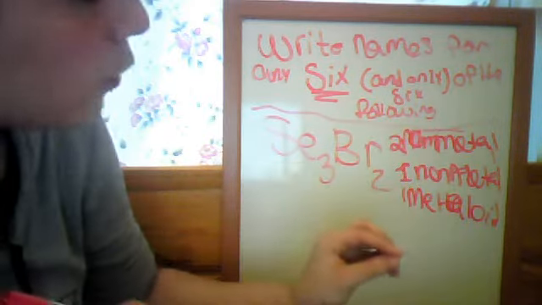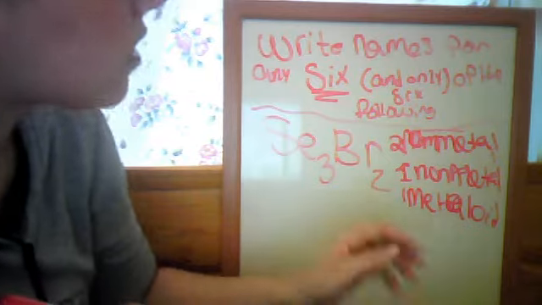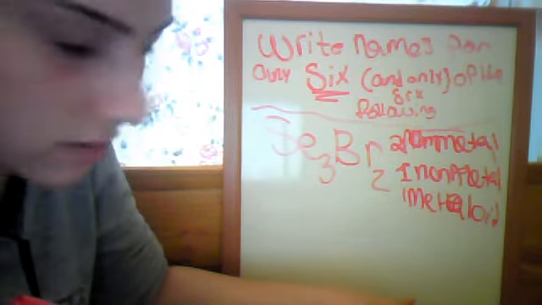Okay, so metal with non-metal. We put di, tri, tetra, those kind of stuff. And if we have two non-metals, we have that restriction.